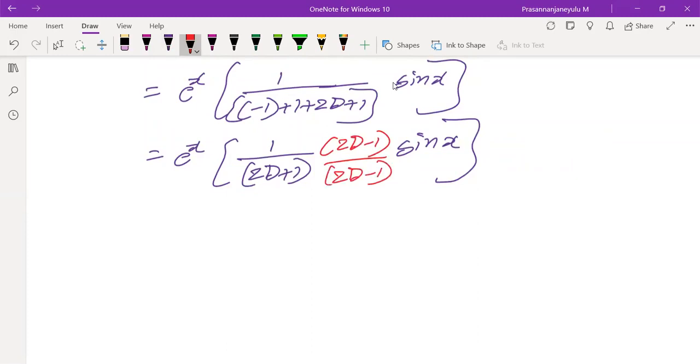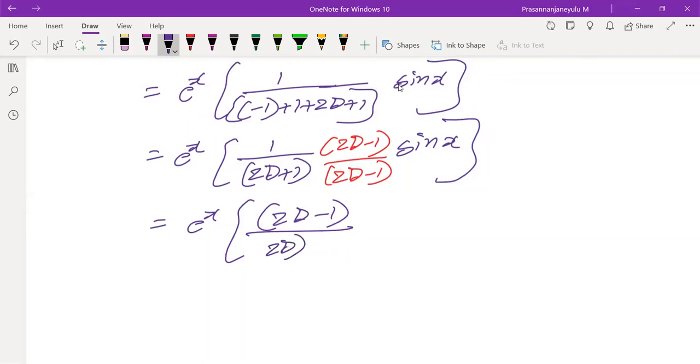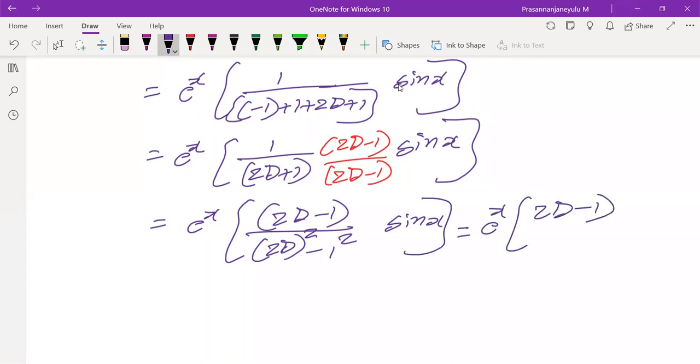Then e power x into 2d minus 1 by 2d plus 1 into 2d minus 1. How can we write it? 2d whole square minus b square is 1 square of sin x. One more step: e power x into 2d minus 1 by 2 square d square, nothing but 4d square minus 1 of sin x.